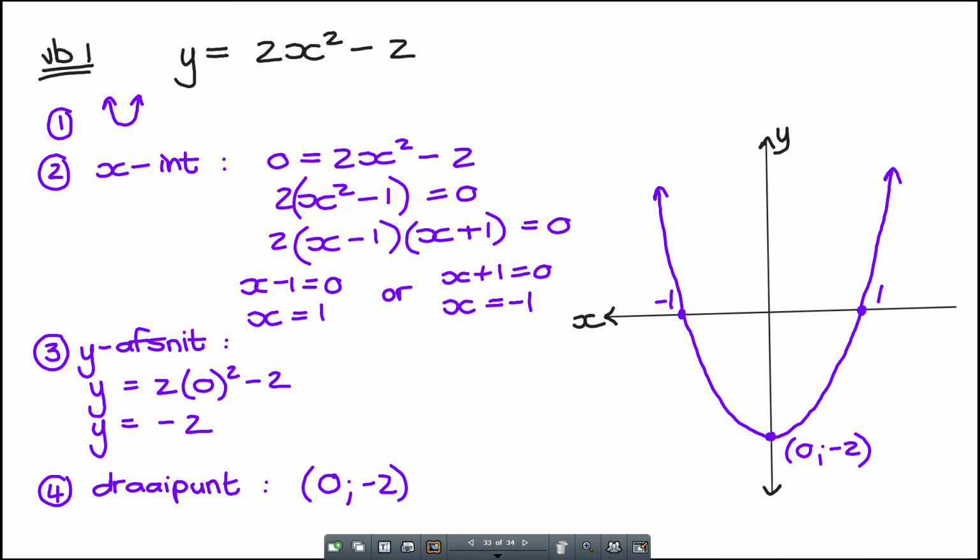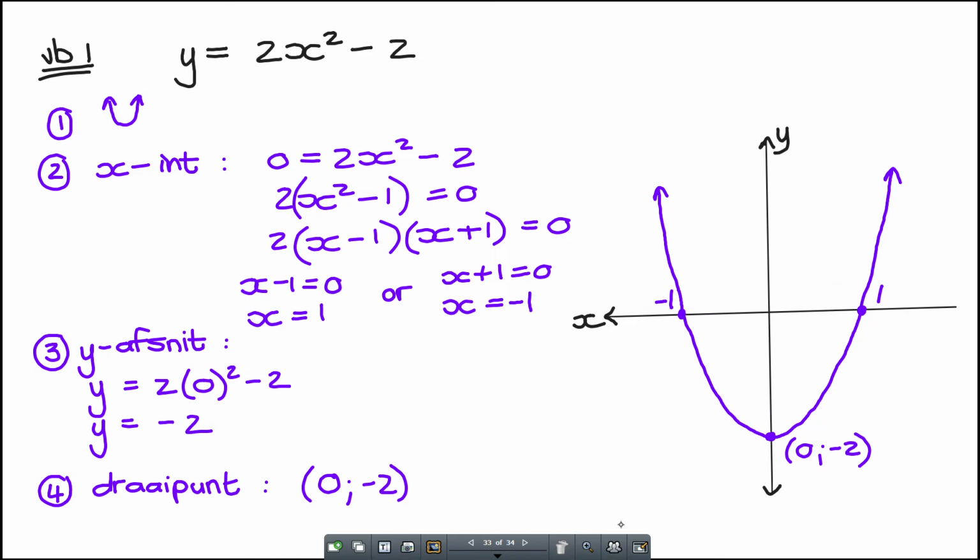Nee, ag ons is nie so kwaad nie. As long as you indicated your x intercepts and that one, and the shape is correct, meaning it's a parabola, please don't give me a graph looking like that. It must be curved. Okay, then you get all your marks.